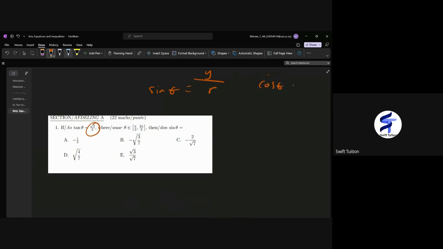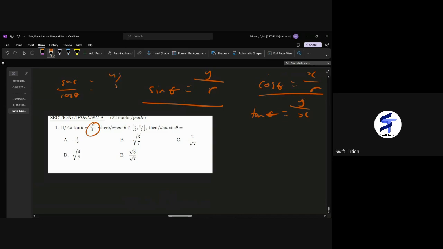Cos of theta is equal to x/r, and tan of theta is equal to y/x. Really, all you need to memorize are these two. If you're too lazy to memorize a third equation, you just need to memorize these two, and then tan is the same as sine of theta over cos of theta, which is y/r divided by x/r. The r's cancel out and you're just left with y/x.